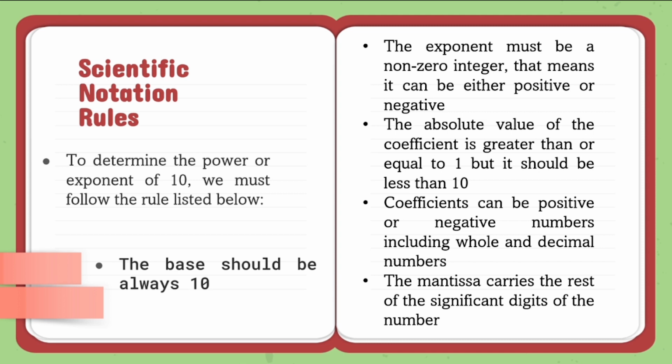Third, the absolute value of the coefficient is greater than or equal to 1, but it should be less than 10. Fourth, the coefficient can be positive or negative numbers, including whole and decimal numbers. Fifth, the mantissa carries the rest of the significant digits of the number.